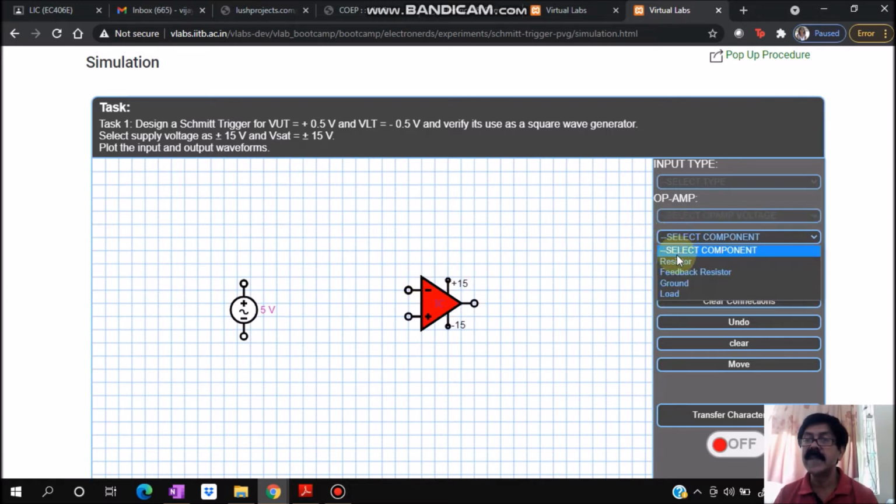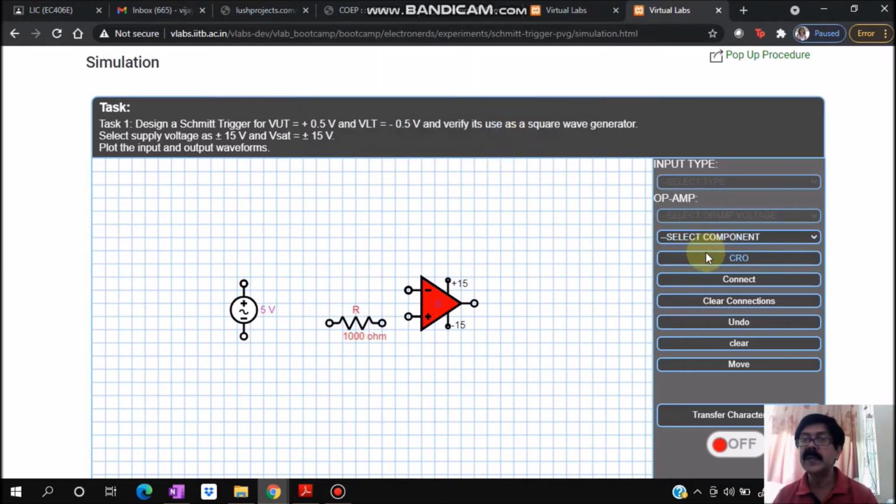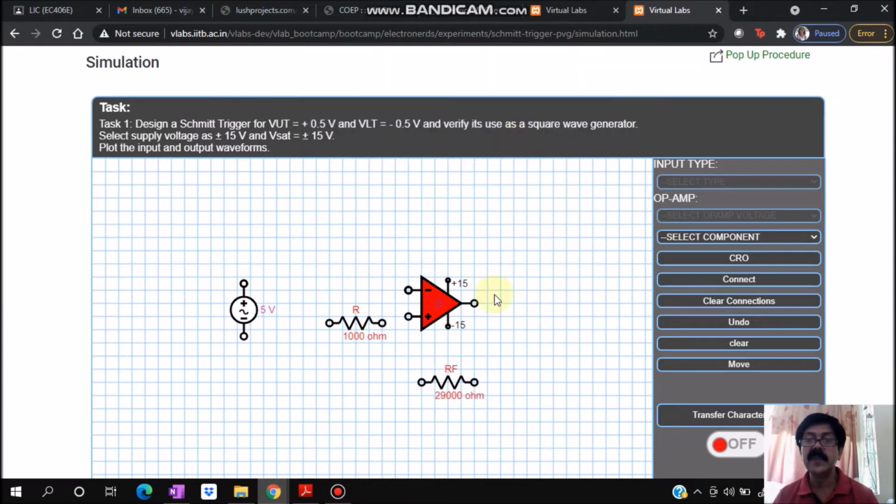Then I'll choose a resistor, and I'll place it somewhere here with a value, let's say, 1000 ohm, that is 1 kilo ohm, and then I'll choose a feedback resistor. I'll choose that as 29,000. It is placed.